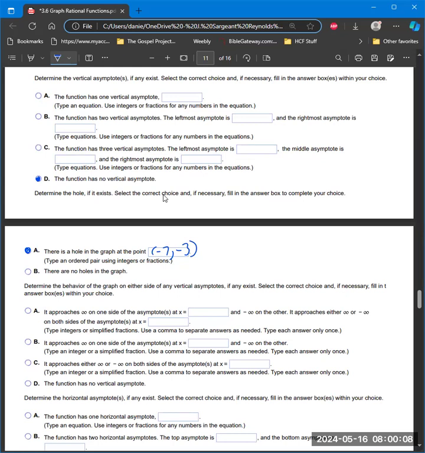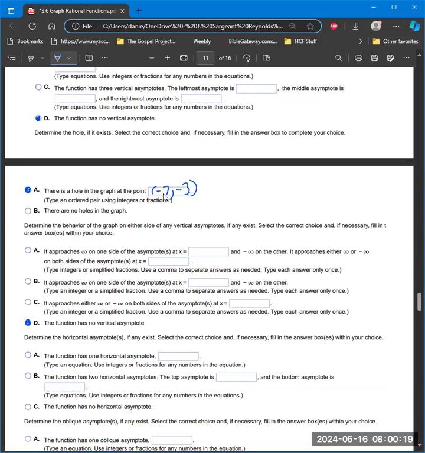And it did not have any vertical asymptotes, so that's it. And it's not going to have a horizontal asymptote either, because there's no bottom left to have a degree at the bottom.